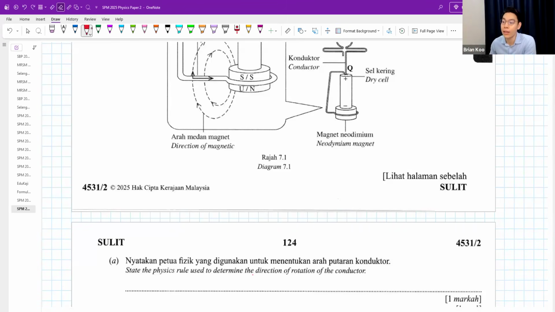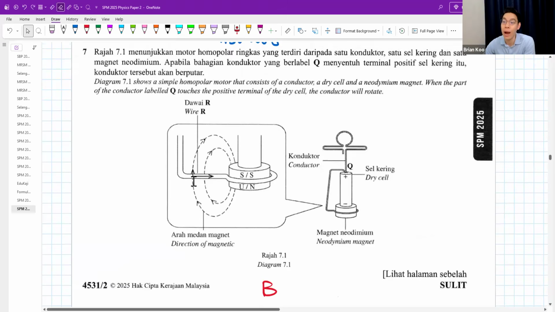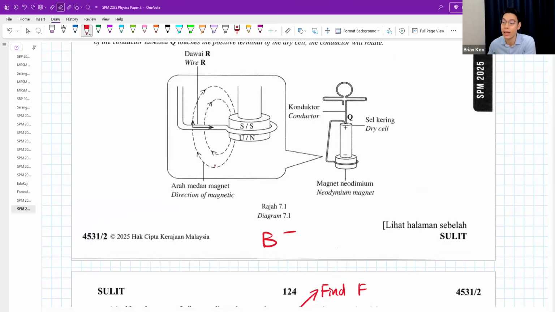Part A, state the physics rule used to determine the direction of rotation of the conductor. You're trying to find force. You have some magnet, you have a B, and then you have current flowing through the wire. There's I. When there's B and there's I, you know you are trying to find F. Okay, guys, if you are trying to find F, which is on the left side, you use your Fleming's left-hand rule.